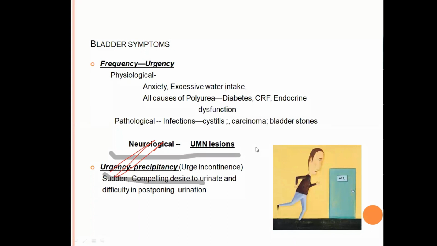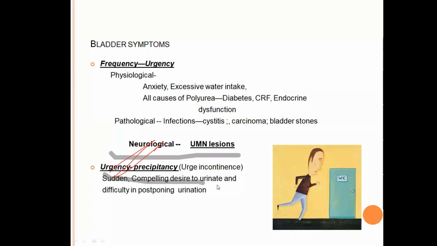So even with 200 ml, where one should not get an urgency to pass urine, the bladder contracts. So when the bladder contracts, there is a message that the bladder is going to contract. So the patient may be able to control for some time, but he has to rush to the washroom. So instead of 4 times, he may go 10 times. So that is the frequency.